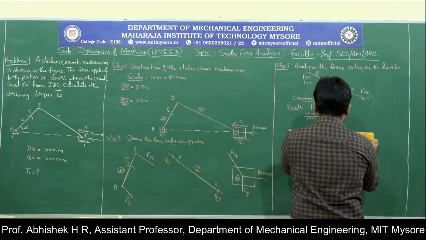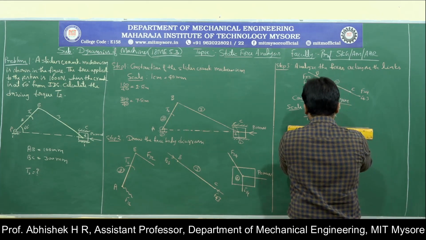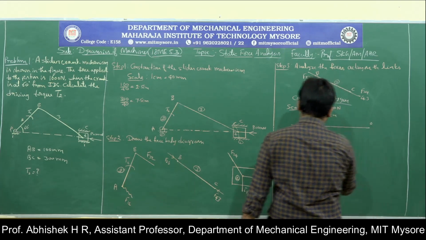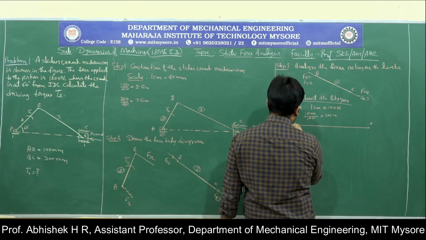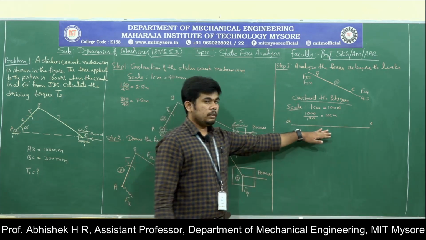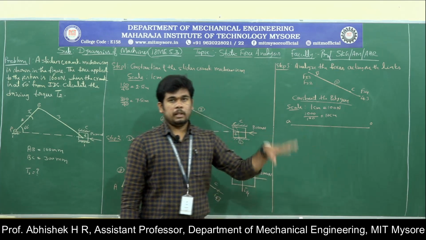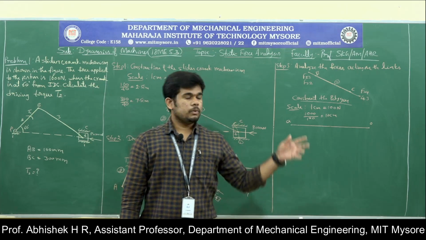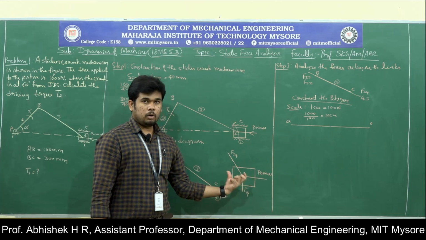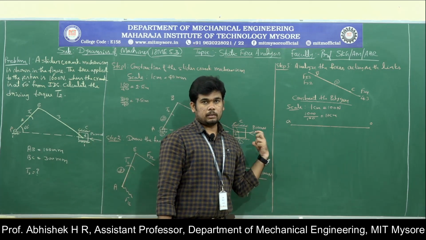Draw a line of 10 centimeter, OA. This is the straight line that I have drawn now. 1000 Newton has been converted to the required scale, so it becomes 10 centimeter, parallel to the load acting on the mechanism, drawn along the x-axis.